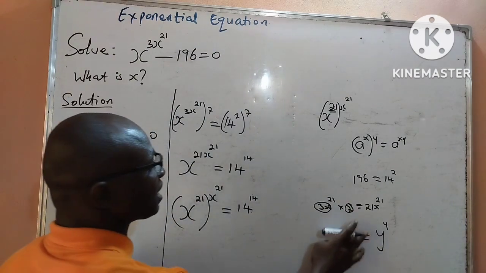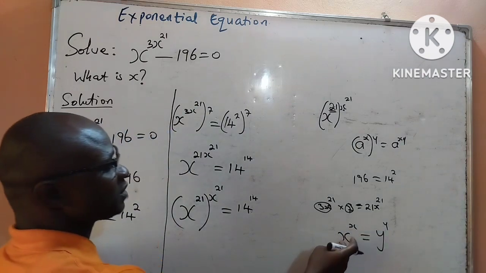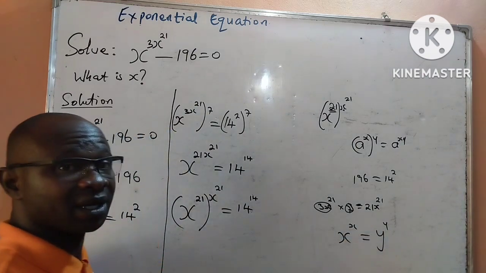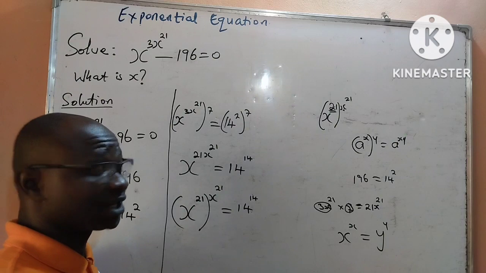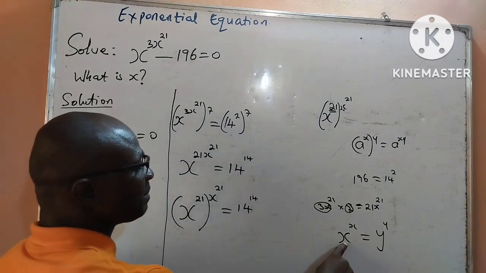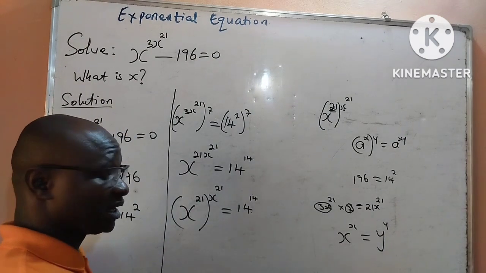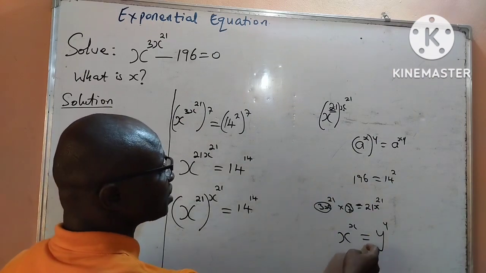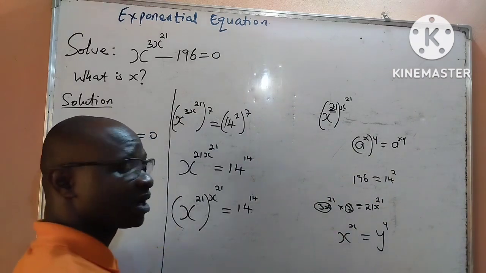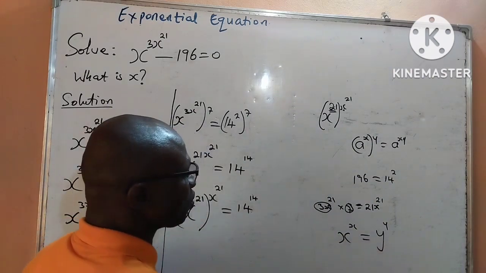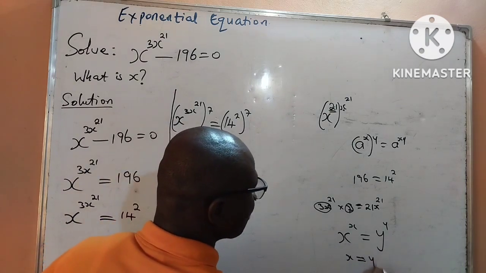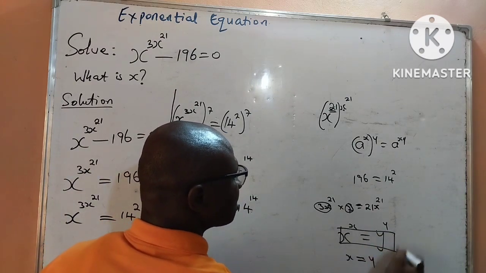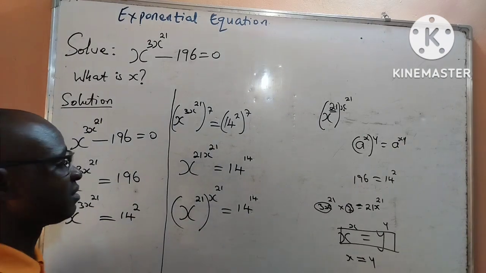When the base is equal to the power on the left, and on the right hand side the base is also equal to the power, it means that the bases are equal. We simply say that x is equal to y. That is, the base on the left is equal to the base on the right.